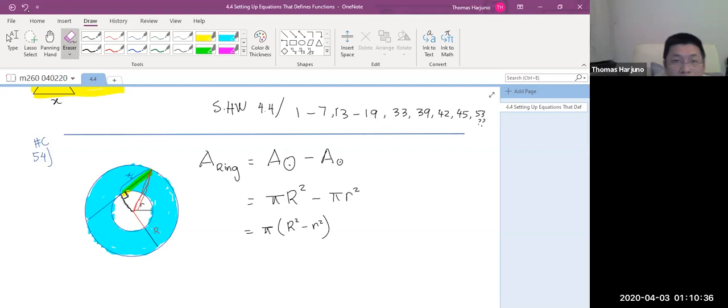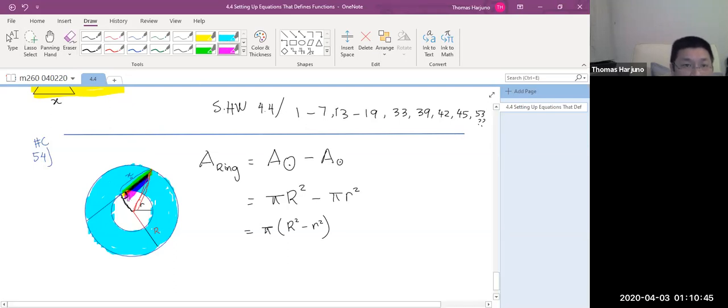Now you see what happened in this right triangle here. Let me shade it. In this right triangle, this side is r and this is capital R, right? So the long one is the hypotenuse R, the short one is r, and this is x.